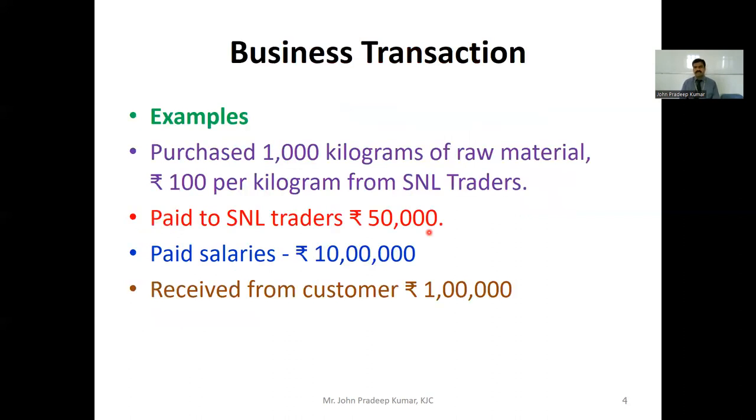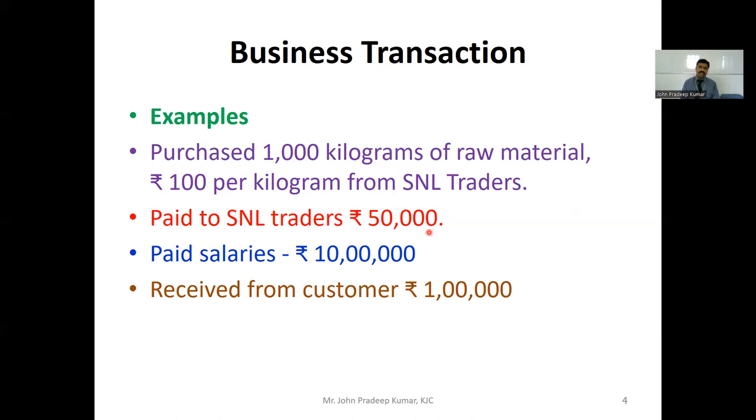An example of a business transaction: a company is purchasing 1000 kilograms of raw material at rupees 100 per kilogram from SNL traders. Similarly, they paid 50,000 to SNL traders, and the company is paying the salary to the employees.